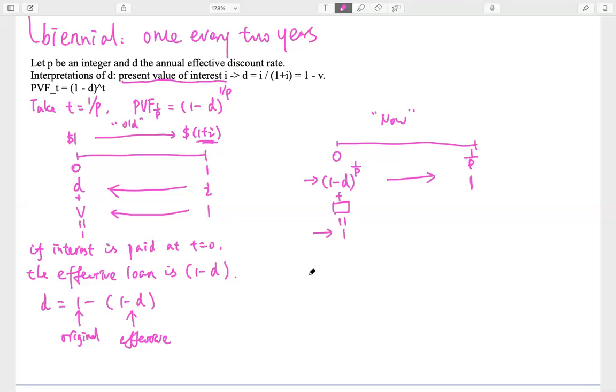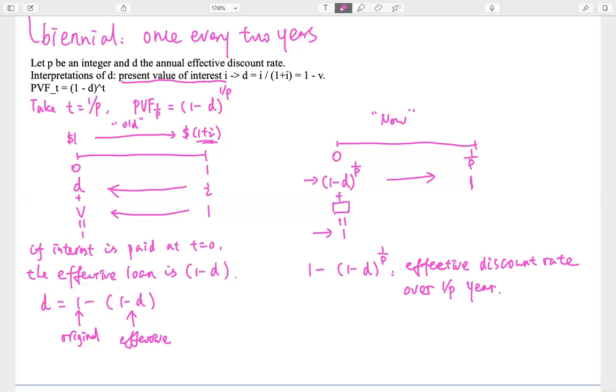The difference would be the effective discount rate over 1 over p.